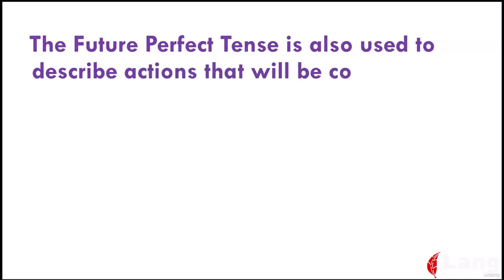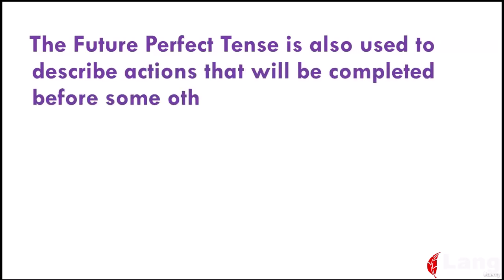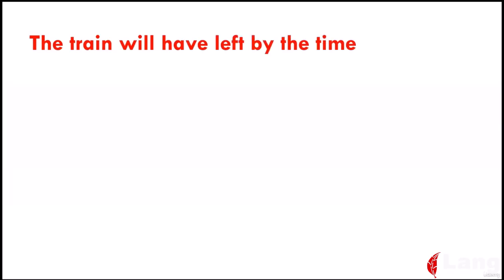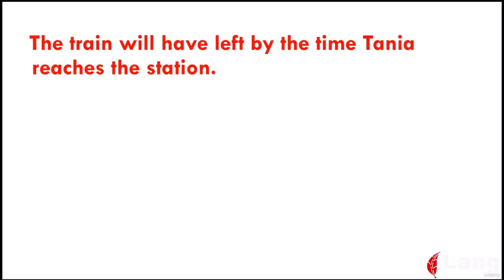The future perfect tense is also used to describe actions that will be completed before some other time in future. Examples: The train will have left by the time Tanya reaches the station.